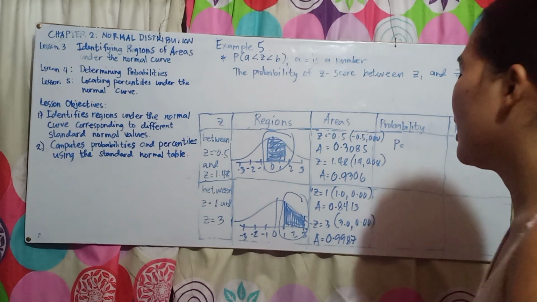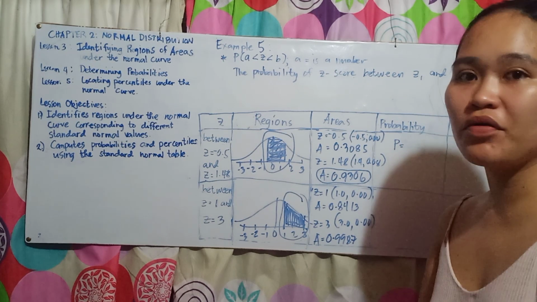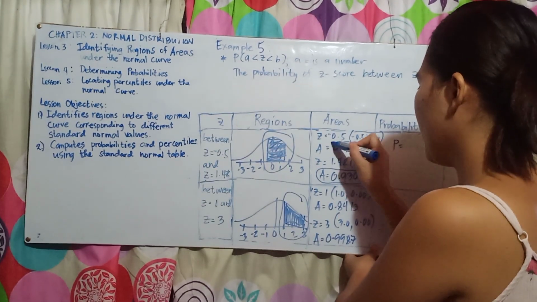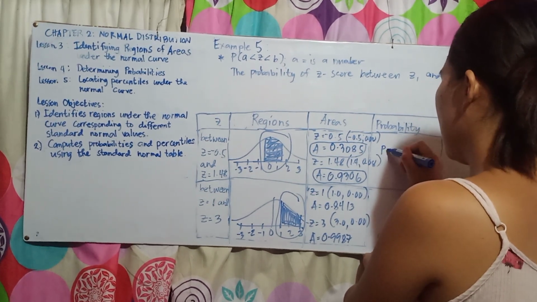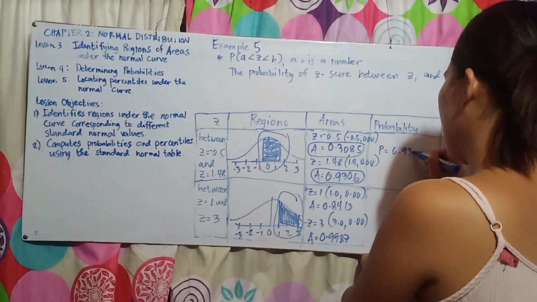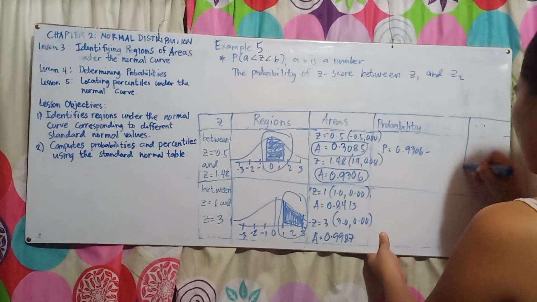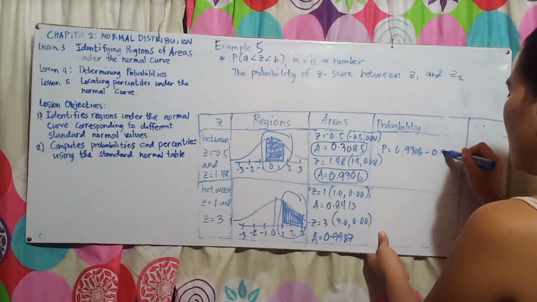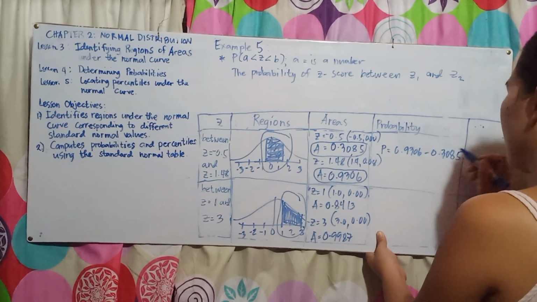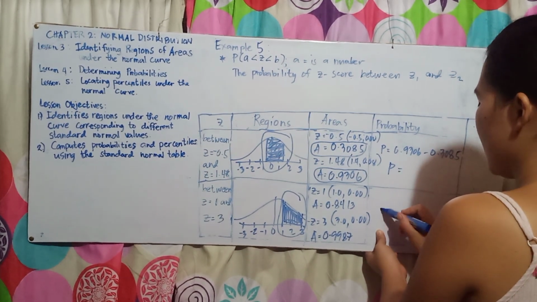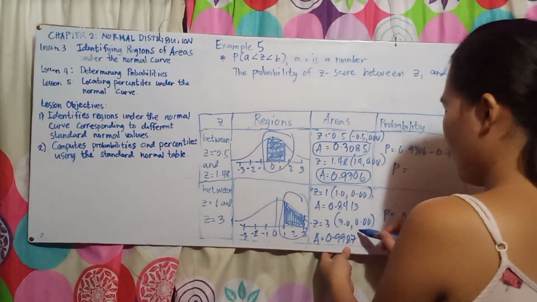I-minus lang ang area sa duha. So, kani, syempre, unahon nimo ang dako na number. I-minus nimo dera. So the probability is 0.9306 minus 0.3085. Aning isa, 0.9987, siyempre, mas dako man na.